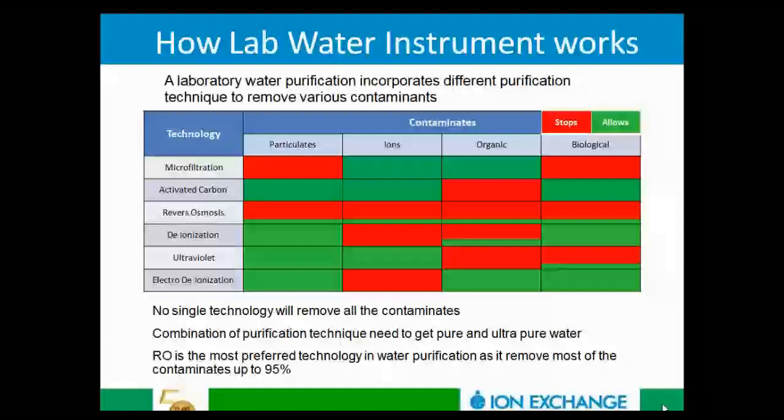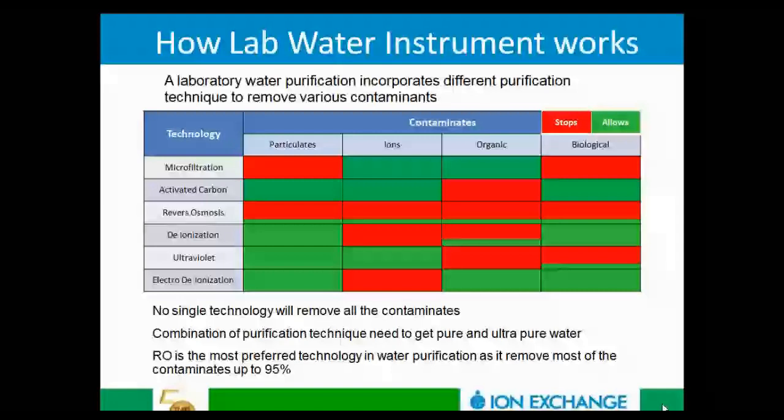And on the left hand side, you have the different technologies like microfiltration, activated carbon, reverse osmosis, deionization, UV, or electrodeionization. So what this chart tries to explain is that a water purification system is a combination of different purification techniques. There is no single technology that can remove all the contaminants.